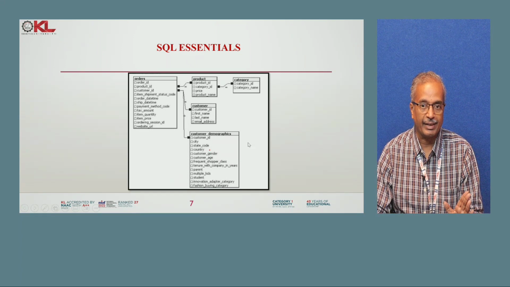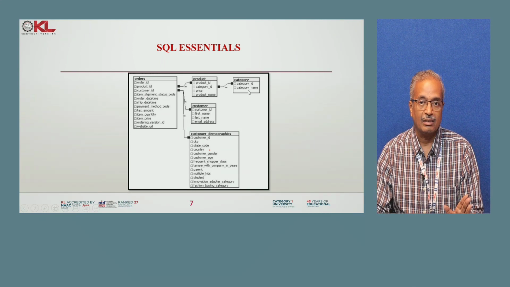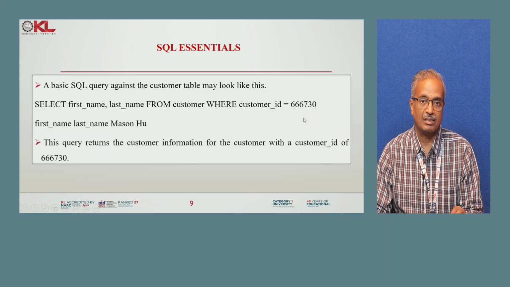Similarly customer ID, right? And category: there is no direct relation from orders to category, but from product to category. So the category ID is specified in which one? Product. Therefore the category ID of category we can call a foreign key. So this is the concept of relations.